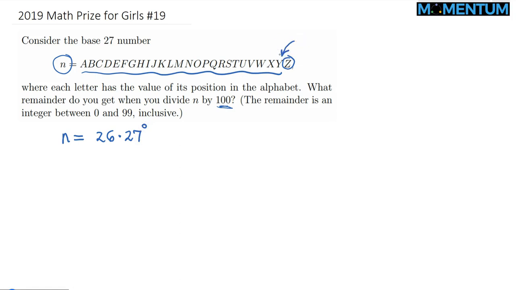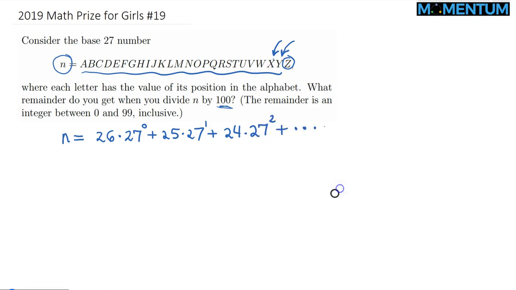The next is not the tens digit, it's the 27's digit, so we have 25 times 27 to the 1. The next one is X, which is the 24th letter of the English alphabet, so 24 times, and it appears on the 27 squared digit, and so on.